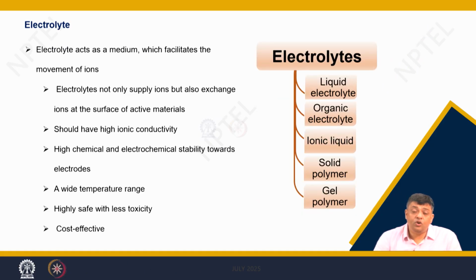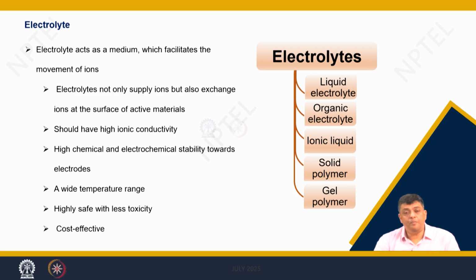You can have electrolytes which are different. You can have aqueous electrolytes or you can have non-aqueous electrolytes. As you move from one electrolyte to the other, some may have higher ionic conductivity, but their temperature stability may be lower. Some may have higher ionic conductivity, high temperature stability, but their cost may be very high. Some may have medium ionic conductivity, but very low cost, and various combinations.